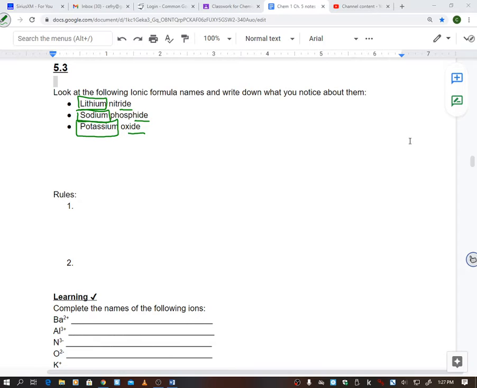So what we're going to do is name the positive ion, which is your metal, first.